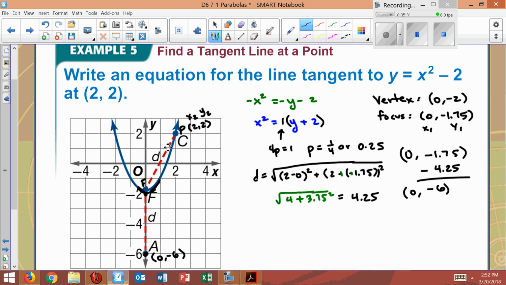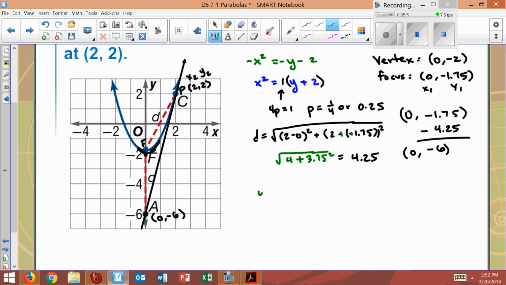Now I know that my tangent line is going to go from this point through this one. And all I have to do for my tangent line is use the slope formula. This is a line, so it's going to be y equals mx plus b. To find the slope, m, you do rise over run. The rise, we could count from -6 all the way up to 2.